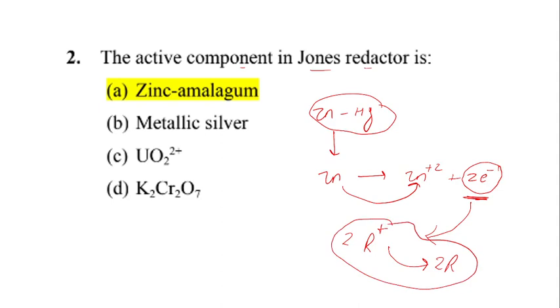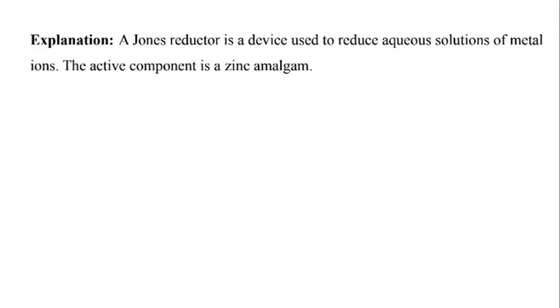That's why it is known as a reducing agent, and this special name is given, Jones reducer. It is nothing but zinc amalgam, a mixture of zinc and mercury. It is written here: Jones reducer.